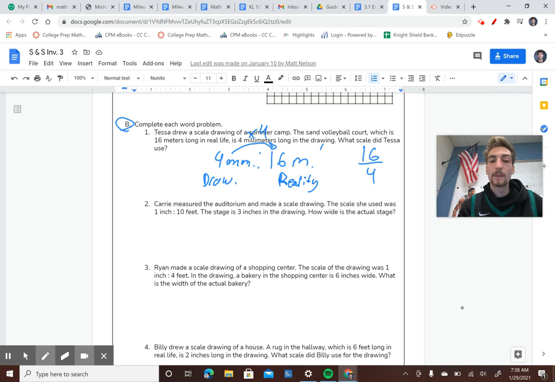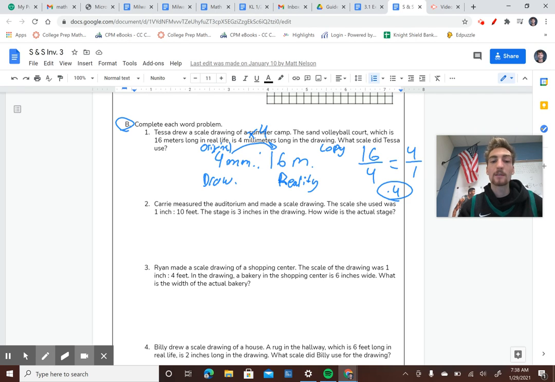All right, this would be our copy of the original drawing. So 16 over 4, our copy over original, and that would reduce to 4 over 1, or simply just 4. So that's the scale factor she used. And then, of course, she also changed it from millimeters to meters.